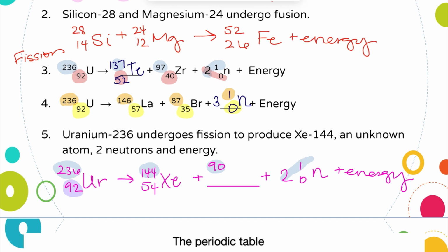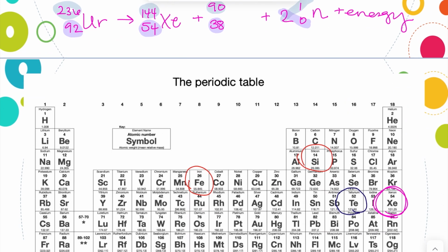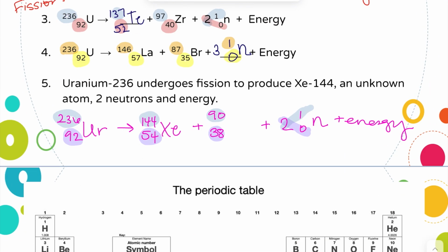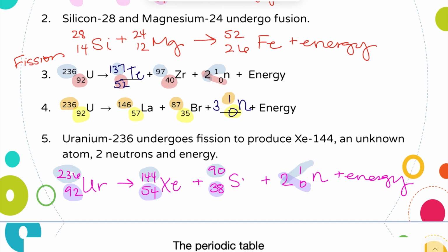Well, 92 needs to equal 54 plus something, and my neutrons don't have any protons in them. So just 92 minus 54 is going to tell me that I need 38 protons to fill in whatever that piece is. And so let's look at what has 38 protons. Oh, there we are, strontium. And so we would have that Sr right there.